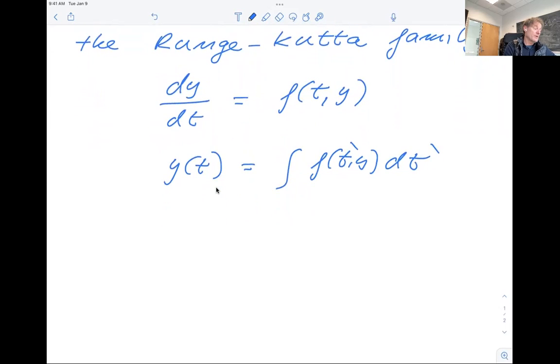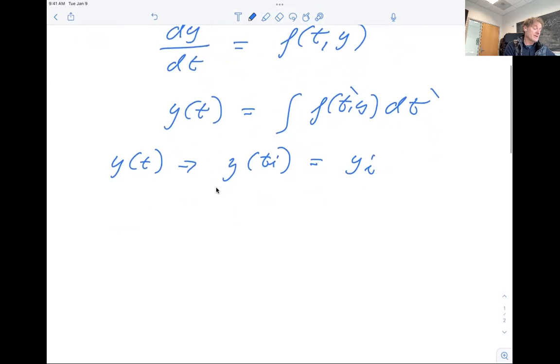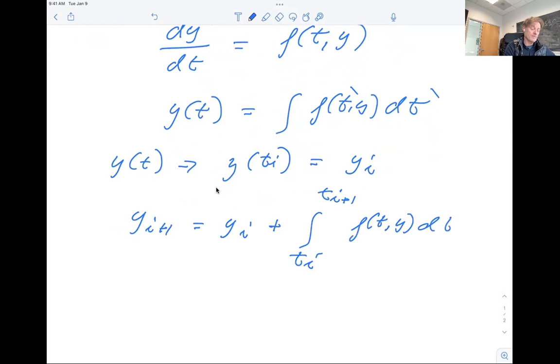Now, when we integrate this from a time t_i to a time t_{i+1}, and we discretize these equations, using the shorthand y_i for y of t_i, we get y_{i+1} equal to y_i plus an integral from t_i to t_{i+1} of the function we want to integrate, which is the right-hand side of the differential equation.